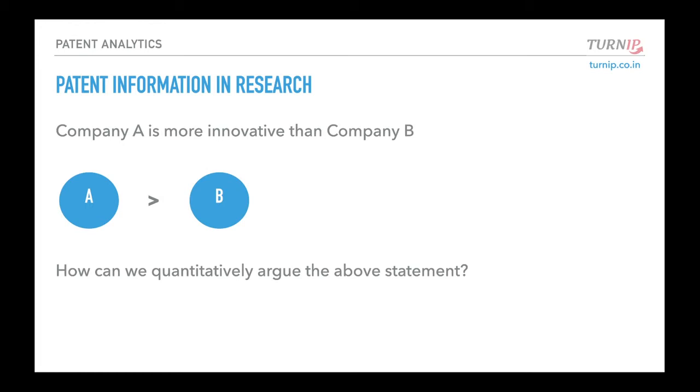To summarize this question, the answer is that there are not very many data points available out there in the public domain where you can easily measure whether company A is more innovative than company B. And patents are one of the best sources of data to measure innovation. And it's rather easily available.